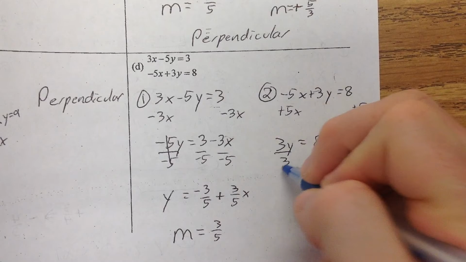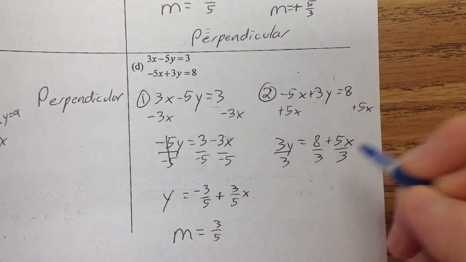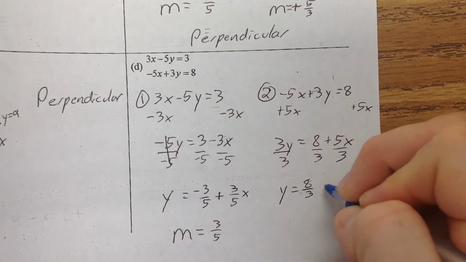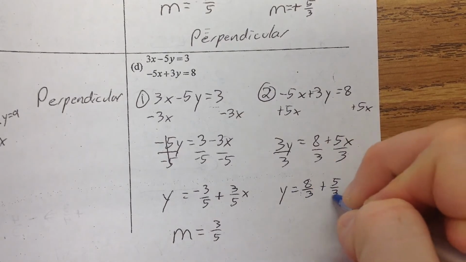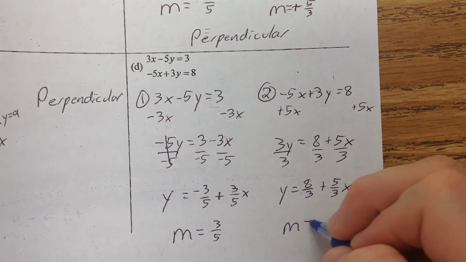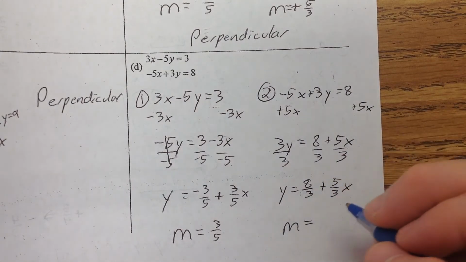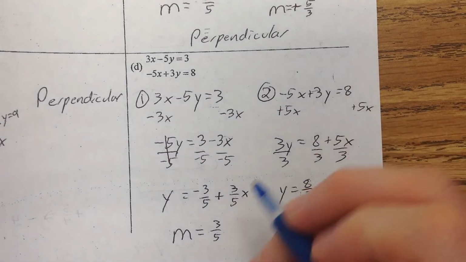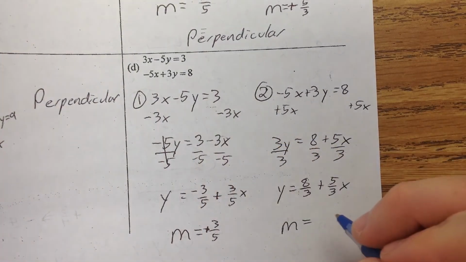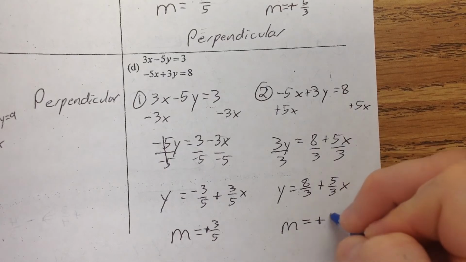Then I'm going to divide by 3, divide by 3, divide by 3. y equals 8/3 plus 5/3 x. So the slope for this one is 5/3. And again, both of these are positive. So let me actually put the positive sign there. This is a positive 3/5. This is a positive 5/3.